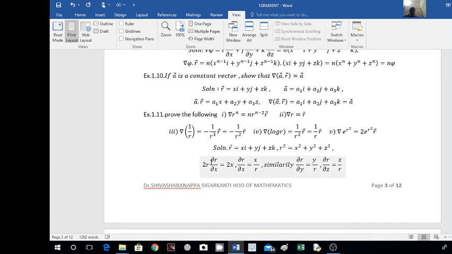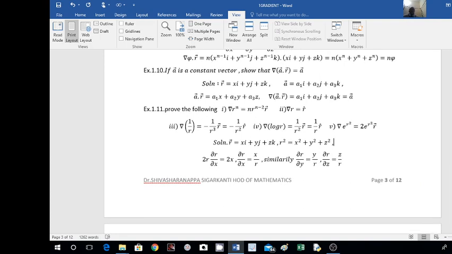So I am getting 2r into dou r by dou x is equal to 2x. 2 gets cancelled here. Therefore, we get dou r by dou x equal to x by r. Similarly, we can write dou r by dou y equal to y by r, dou r by dou z equal to z by r.